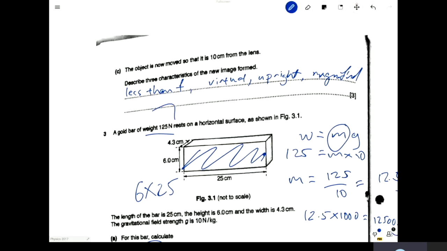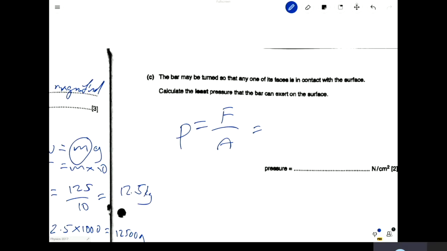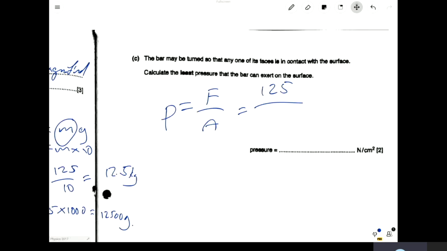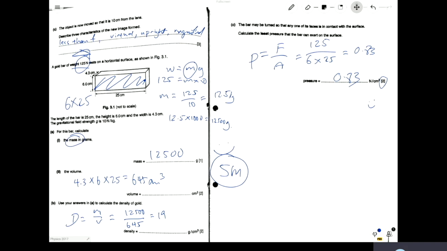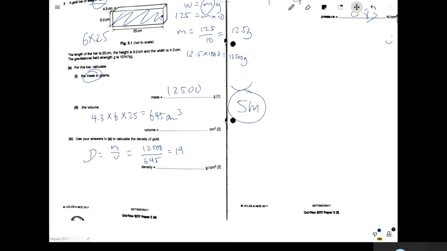Force is here, 125. So 125 divided by 6 times 25. Use your calculator, you get 0.83. Free 7 marks, plus just now 5 marks. So formula saves the day. Next.